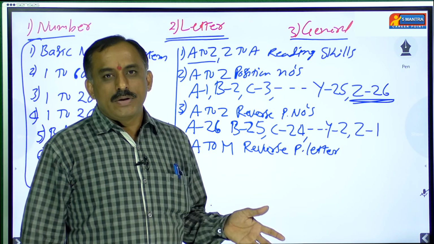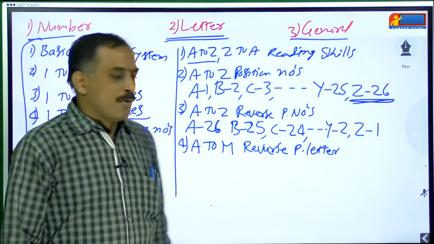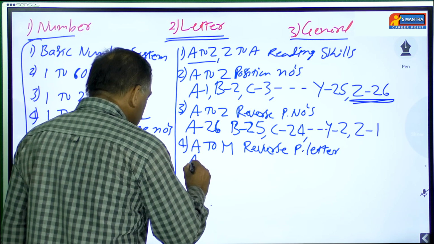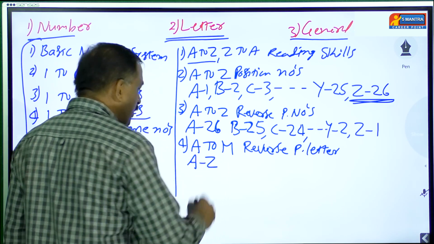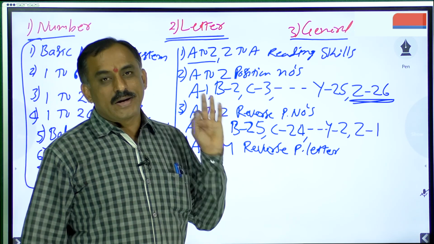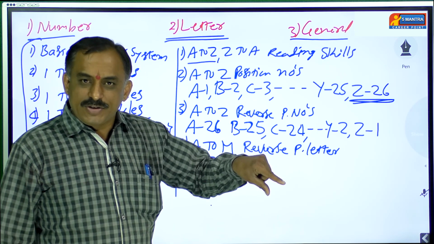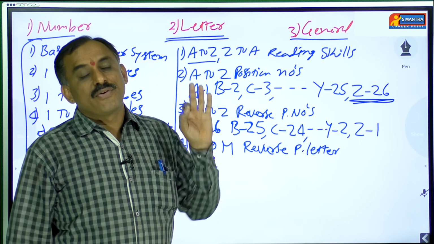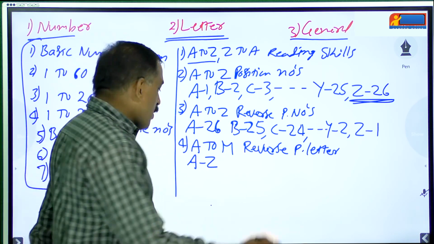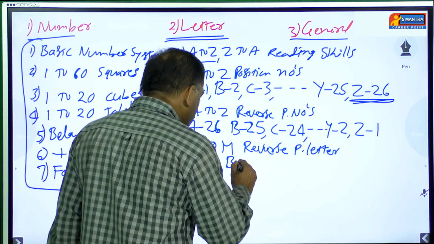So, if you know A to M, the remaining are very easy. For example, A is the first letter. Its reverse position is Z. First letter from last is Z. Therefore, if A's reverse position is Z, no doubt Z reverse position is A. And B is the second letter.